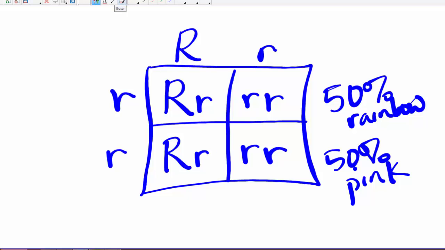All right, the last thing that I want to show you is something that you might be familiar with in eye color. Now, eye color is pretty complex genetically. It is not a simple genetics scenario like I've been talking about. But there is one simple genetics piece to it, and that is that brown eyes are dominant to blue eyes.